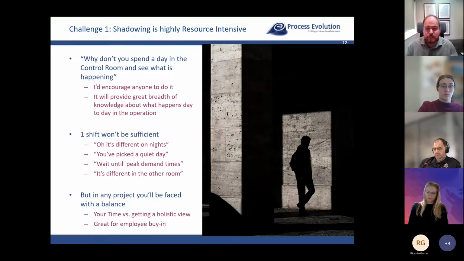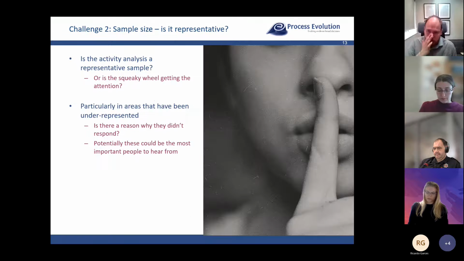So that first one is, yes, it's really useful to understand the processes, but that concept of shadowing is resource intensive. And then there's always a question of, is it representative? If I go and do one shift, am I seeing the true picture?